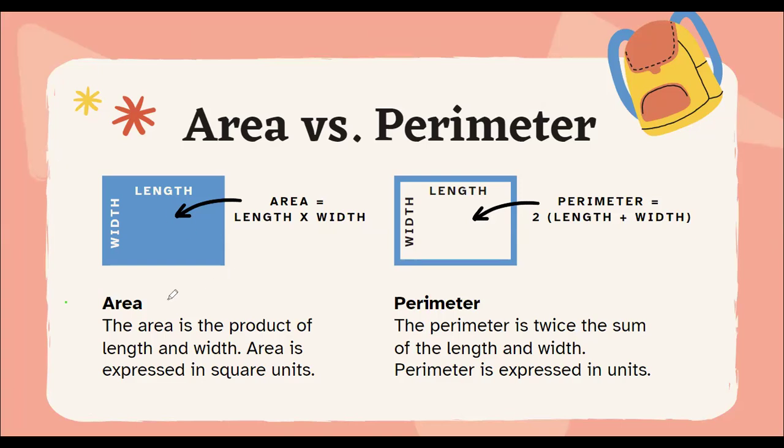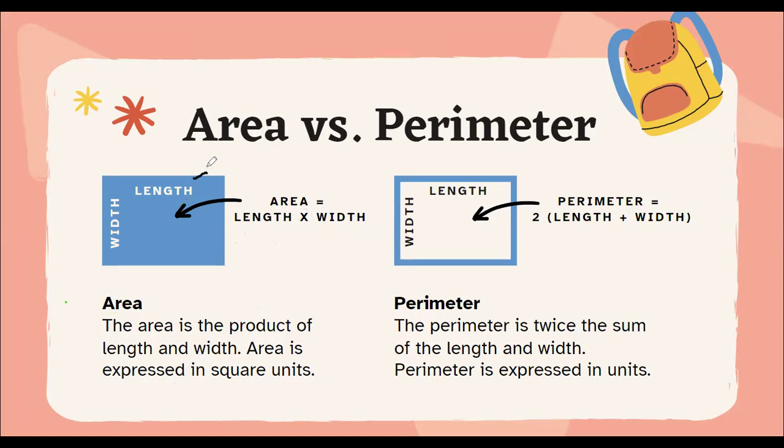All right, so first let's see the definition. If someone asks you what the area is, what will you say? The area is the product of the length and width. Area is expressed in square units. Now, to find the area of a rectangle, you have to multiply the length and the width.